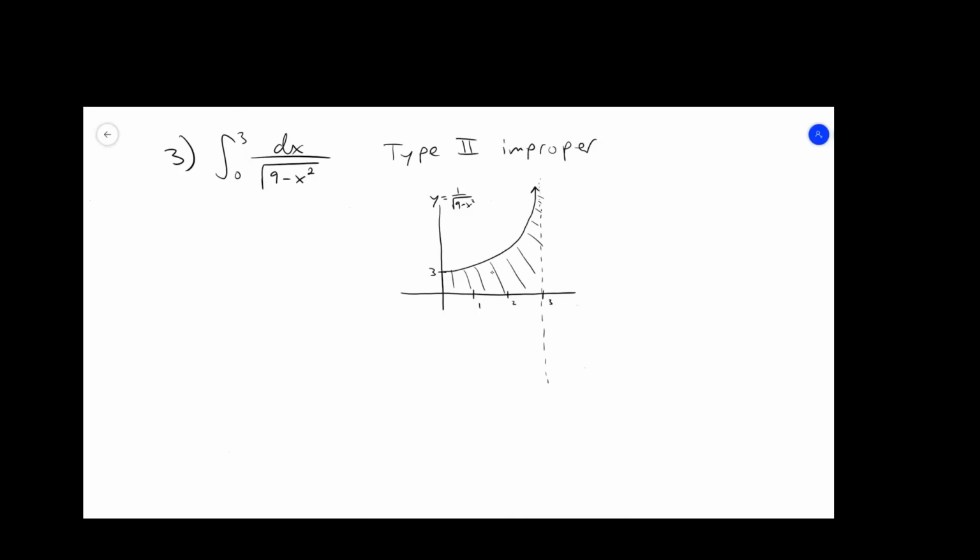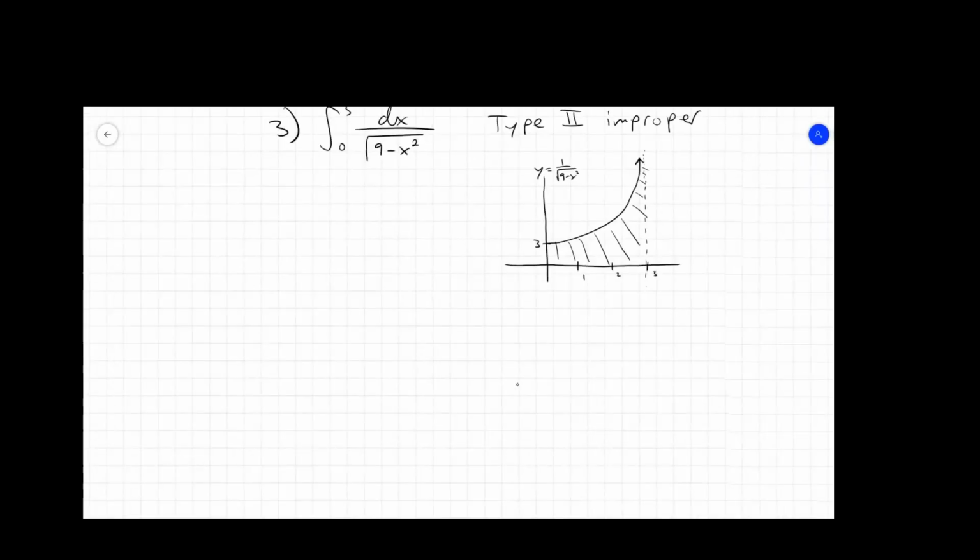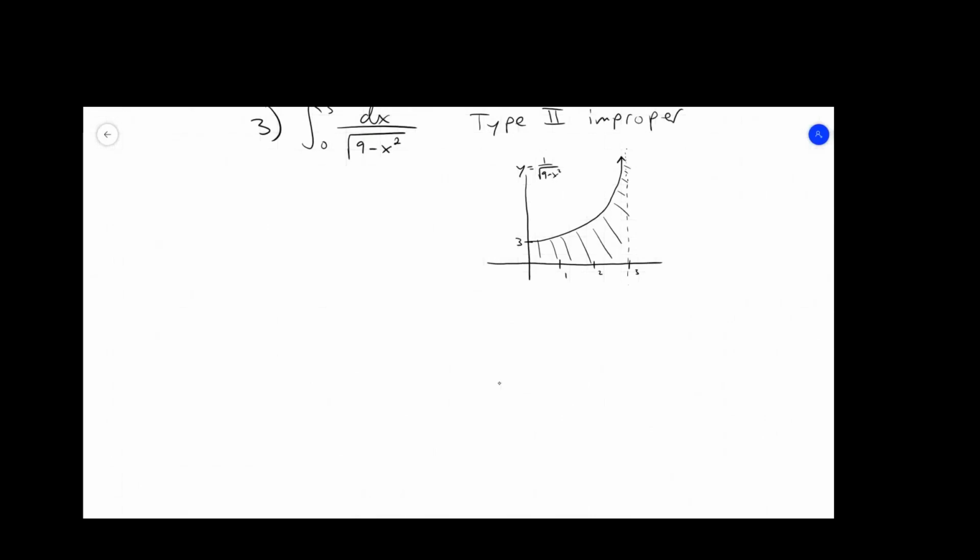But again, it may not be. So the only way we can really determine that is by actually checking: does it converge or not? If it converges, then that thing that looks like infinite area is actually finite. If it diverges, it really is infinite area.